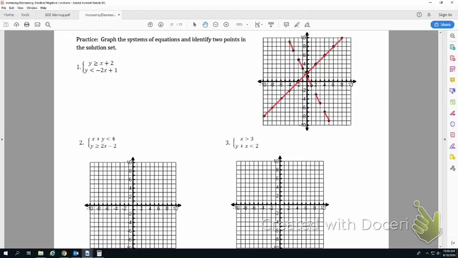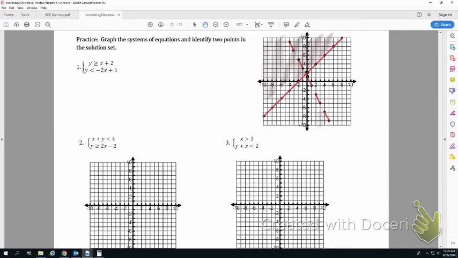So now let's talk about the shading. Going back to the first equation, I've got y is greater than x plus 2. So common sense, would that tell me to shade above or below that line? Above. And then I've got y is less than, so am I going to shade above or below that line?